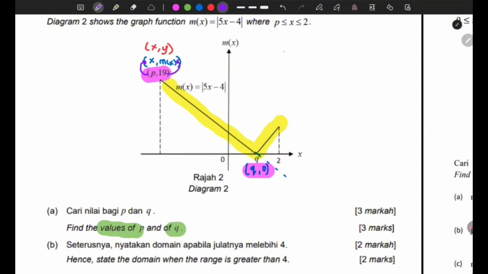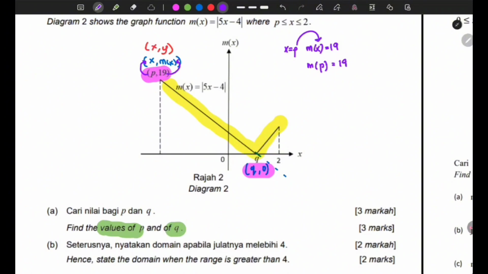So when your x is equal to p, the m(x) is actually equal to 19. Now if you substitute your x with the p, that is actually equal to 19, because your x is now p.